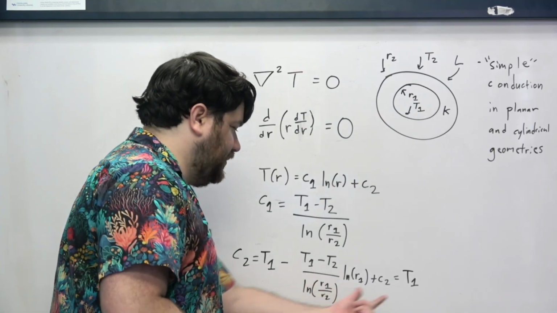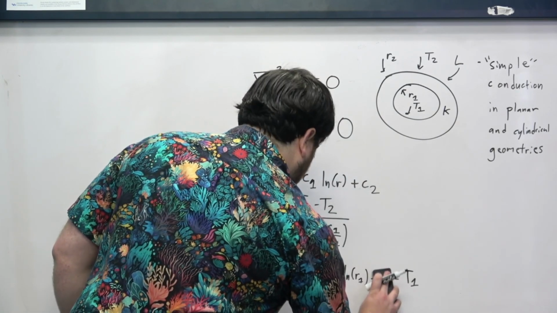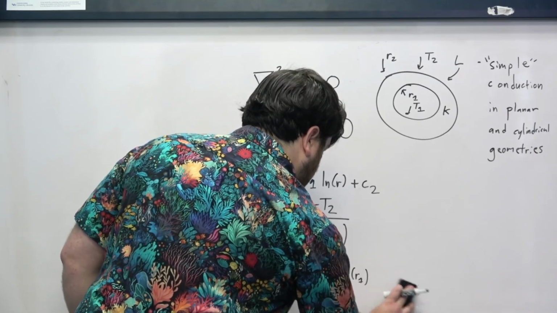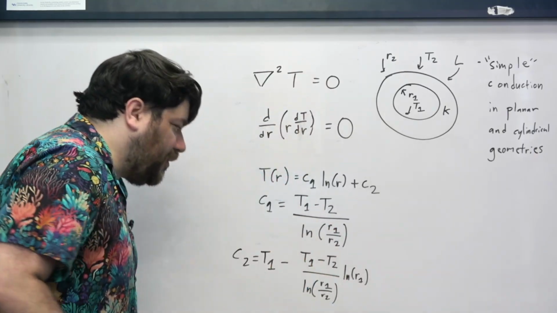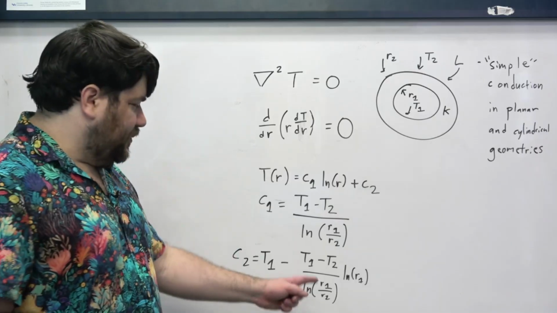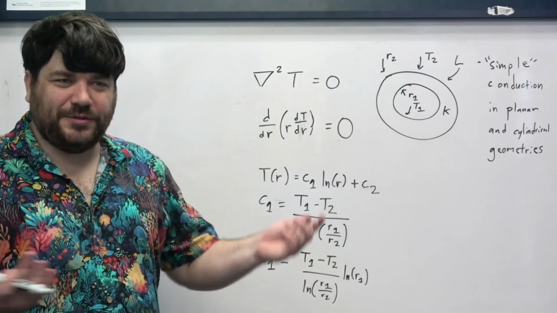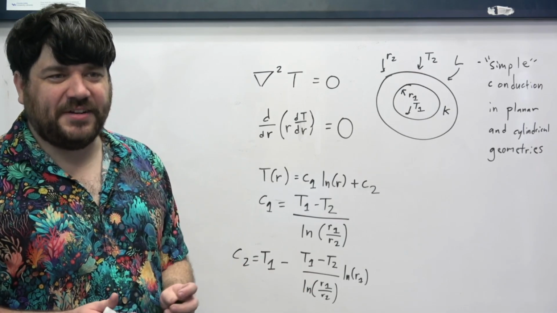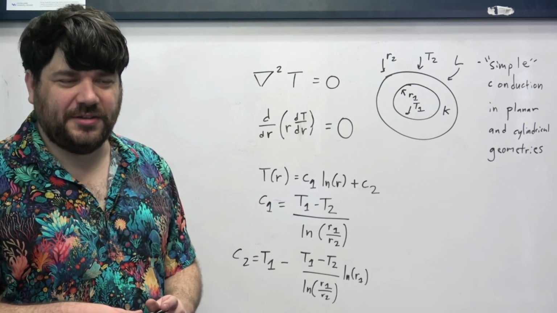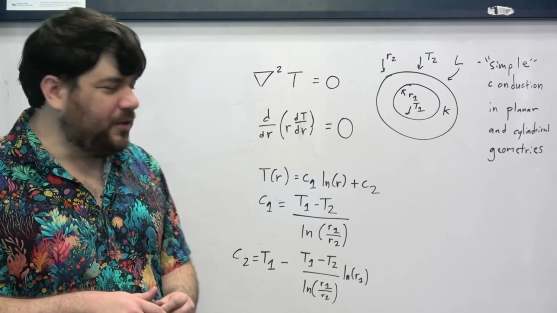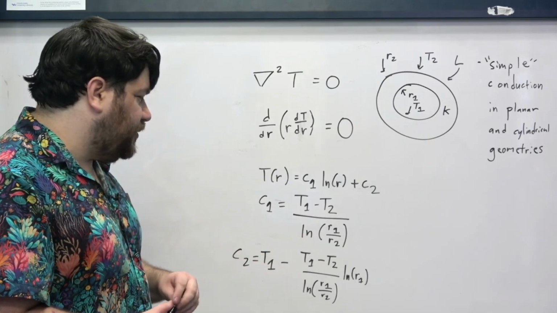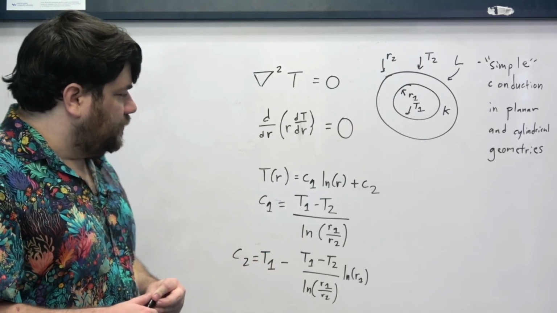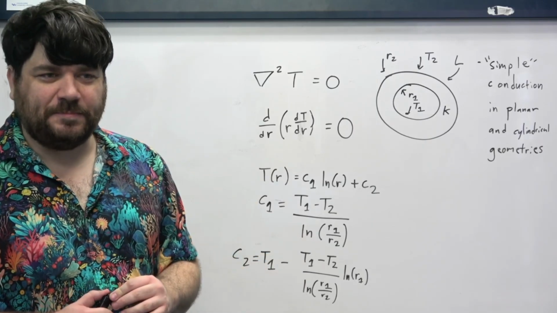Because all I'm doing is just moving terms around in the equation. And so we know R1 and R2, we know the temperatures, and so voila, we have an answer for what C1 and C2 are. So it's a very unwieldy expression in the sense that we've got these logarithms floating around, but it's what it is.